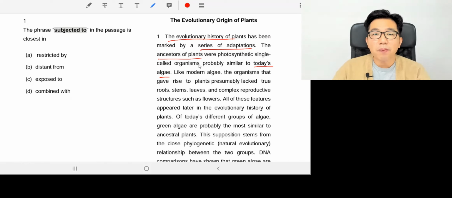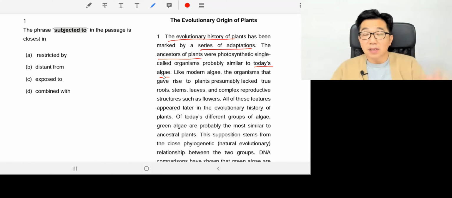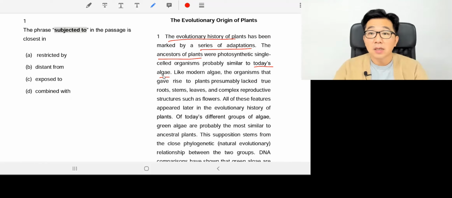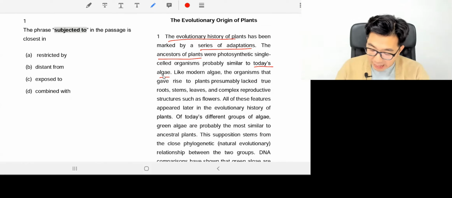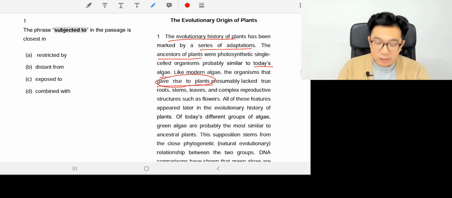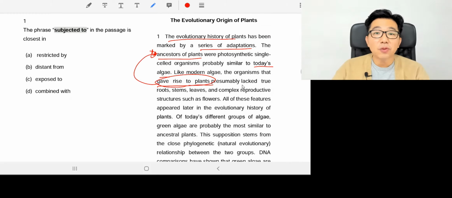Pre-plant like algae, you know, in the ocean, like seaweed. Yeah, of course, seaweed doesn't have roots, right?